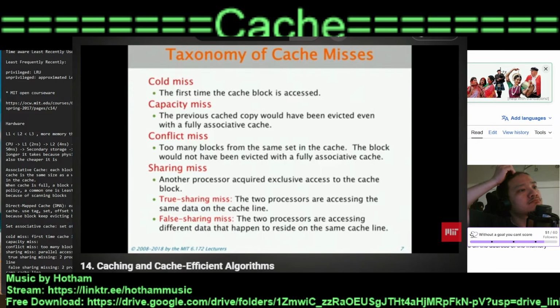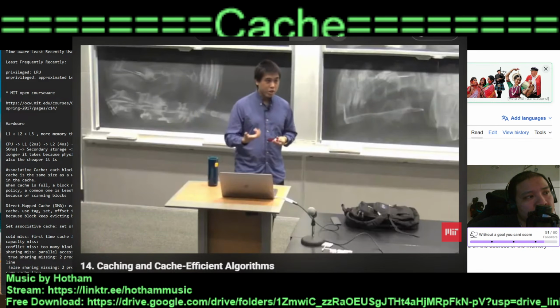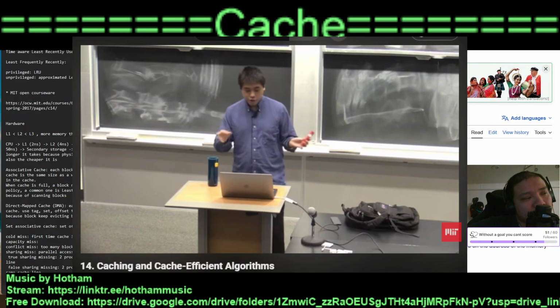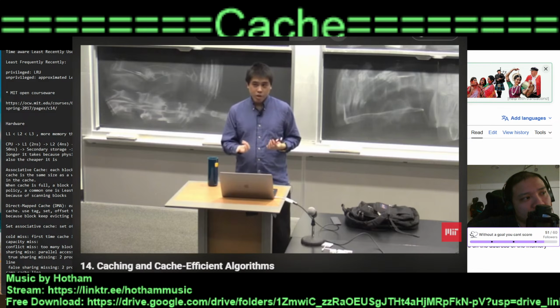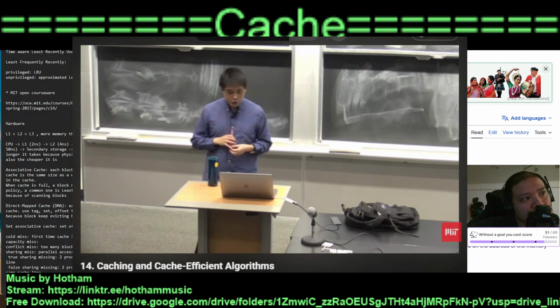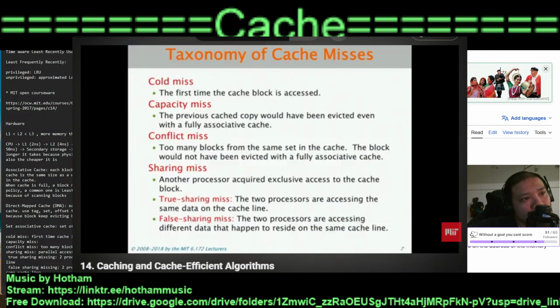A false sharing miss happens if two processors are accessing different data that just happen to reside on the same cache line. Because the basic unit of movement is a cache line in the architecture, even if you're accessing different things, if they are on the same cache line, you're still going to get a sharing miss. And false sharing is pretty hard to deal with because in general, you don't know what data gets placed on what cache line.